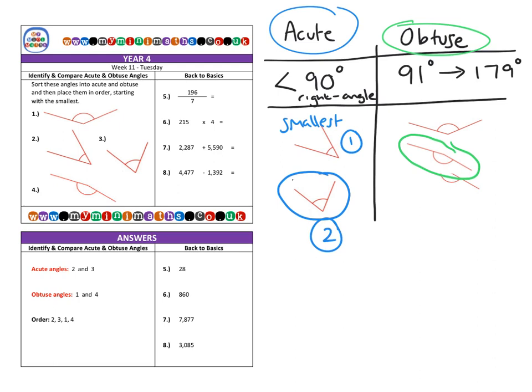So that means that this one is the third largest, and then the largest one is the one at the end. Okay, so you should have an order of angle 2 followed by angle 3, then angle 1, and finally the largest one is angle 4.